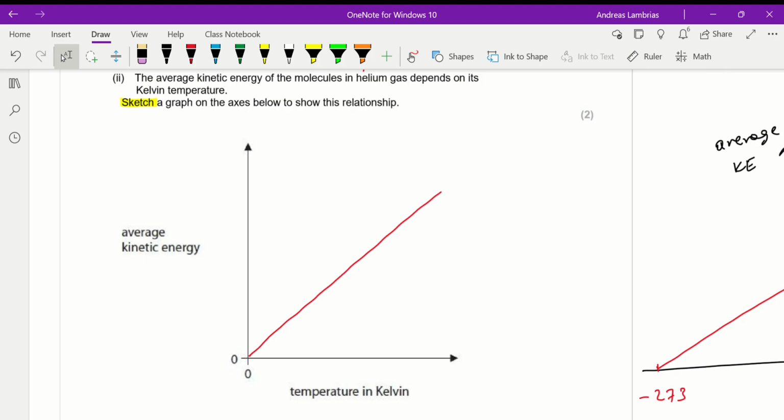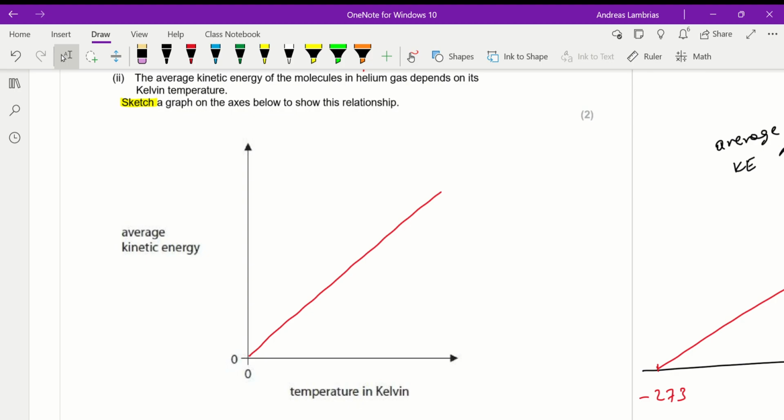As I keep removing the kinetic energy, at some point the kinetic energy will run out, and this is the equivalent of zero temperature in Kelvin. This is what we call absolute zero. There's no lower temperature than that because I have already removed all the kinetic energy from the particles. So therefore this line should go through the origin.